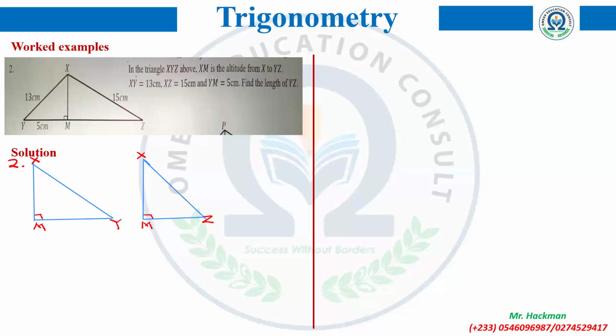So now that I have been able to split, let me give the additional information and attach it to my diagrams. Here I'm told that YM is 5 cm. Then XY, I'm told, is 13 cm.